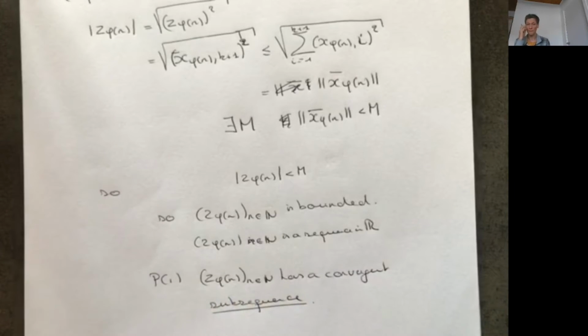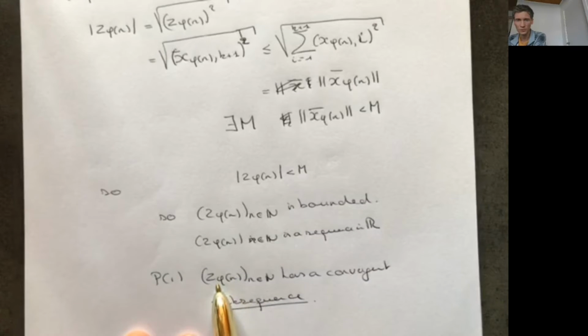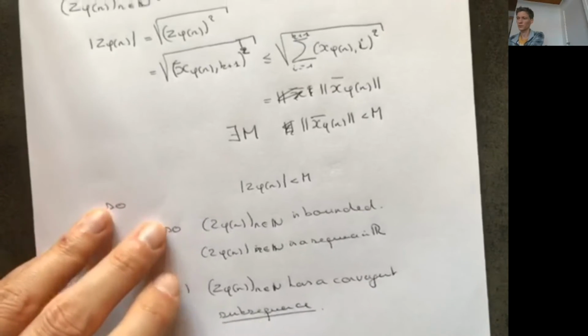So this convergent subsequence is a subsequence of this subsequence. All right, so it's two subsequences. We take a subsequence, deleting some elements of the original sequence, and then from the subsequence we again delete some elements, and the resulting sequence will be a convergent sequence. So you can call it a subsequence if you want.